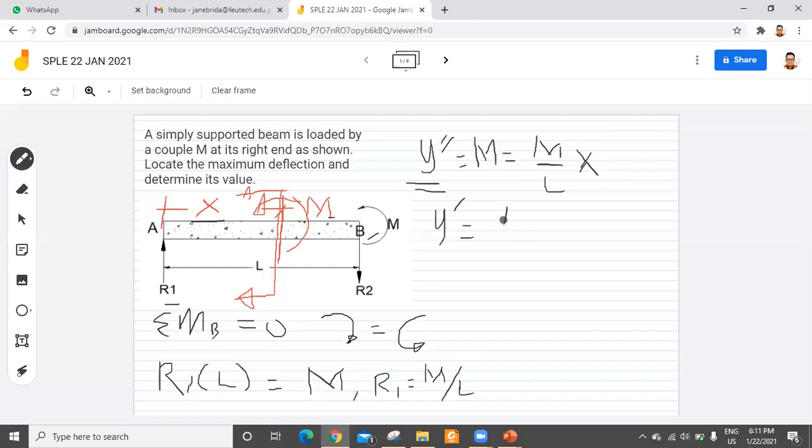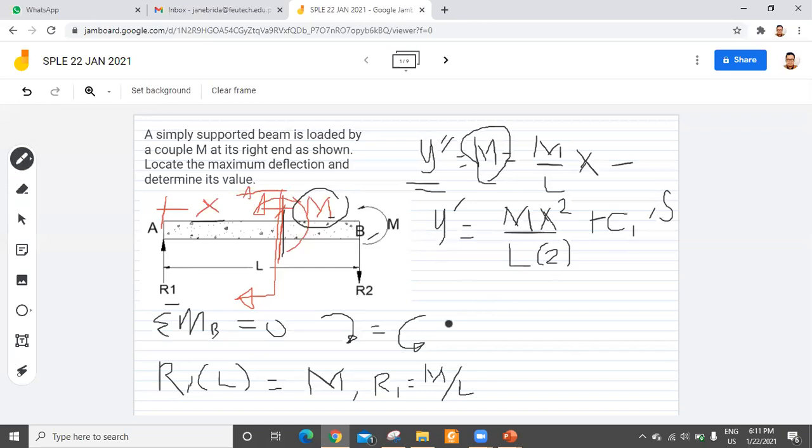So this one you have M over L, then x, your power 1 will become 2, divided by 2. Of course, you have constant C1. This one is the equation of the slope. This one is for moment, the moment cut at this section.